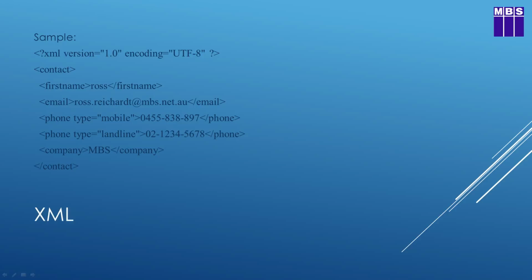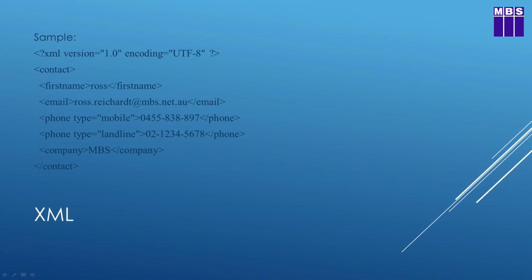That's an extremely simple sample of XML, and XML can be much more complex than that and describe data in much more complex manners than that. You can see from that simple example though that the actual tags, if you like, the infrastructure of the XML, the tags that say what each piece of data is, form a significant amount of the overall data that would be sent across the internet.